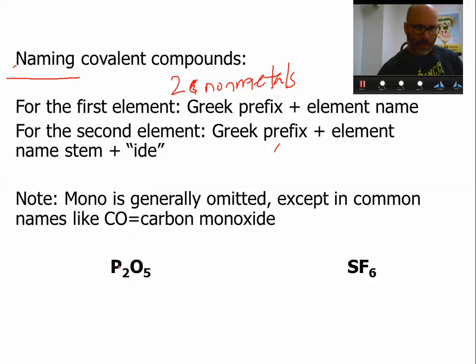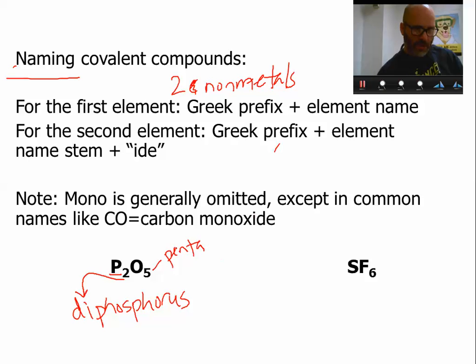Let's look at this example. What does 2 mean? 2 means we use a prefix of di. P is our first element, so it gets its regular name, phosphorus. So diphosphorus. 5 means penta, and O is oxygen, which becomes oxide.